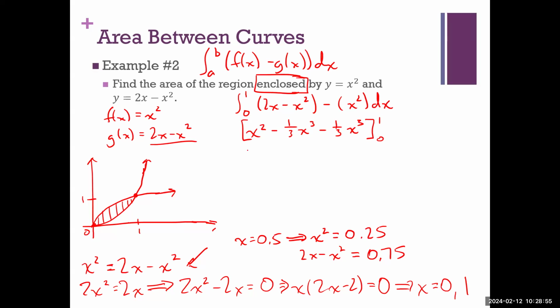Very convenient numbers, 0 and 1. So that should be 1 minus 1/3 minus 1/3. When you plug in 0 to all those, they all get 0. So the final result is what? 1/3. Are we okay with that number, 1/3?